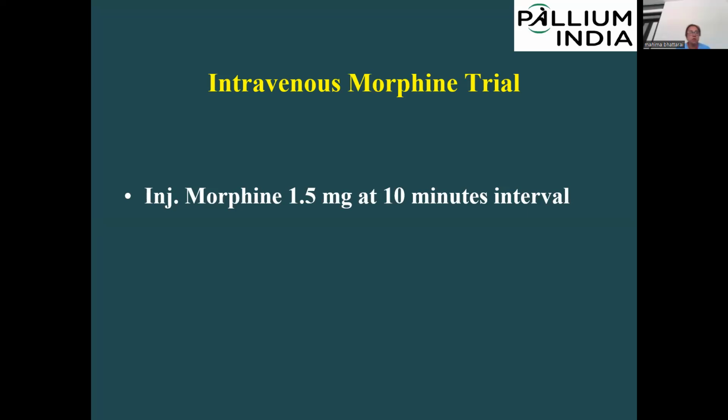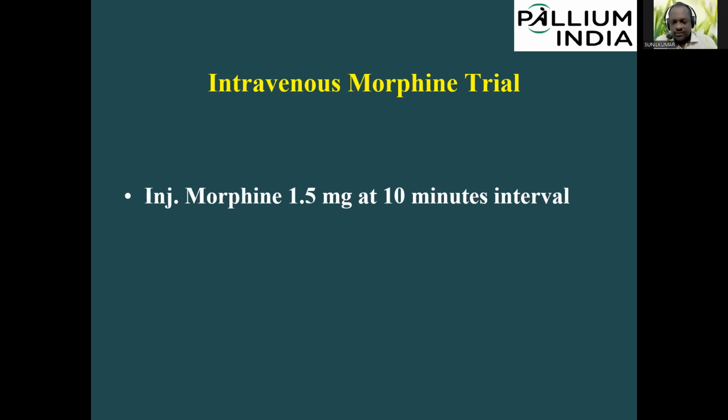Dryness of mouth, but that is not common, and you will not expect it immediately after one dose of injection. What is it? Nausea. Yes, it is nausea and vomiting.